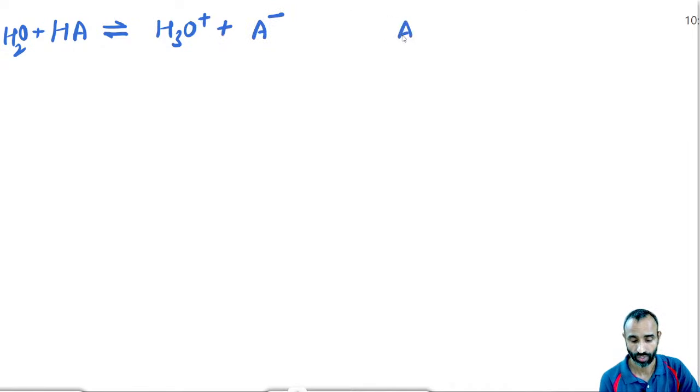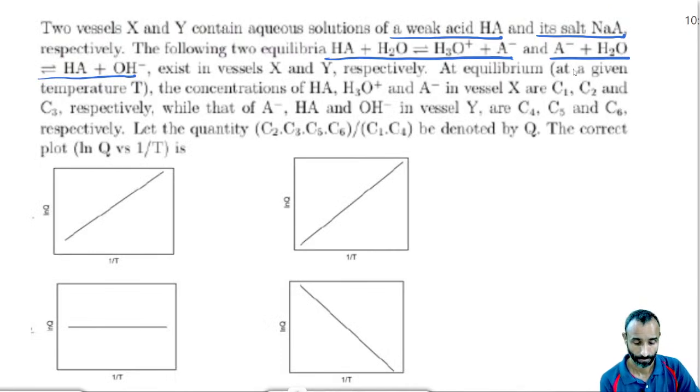Another equilibrium is A negative plus H2O to give HA plus OH negative. They exist in vessels X and Y respectively.